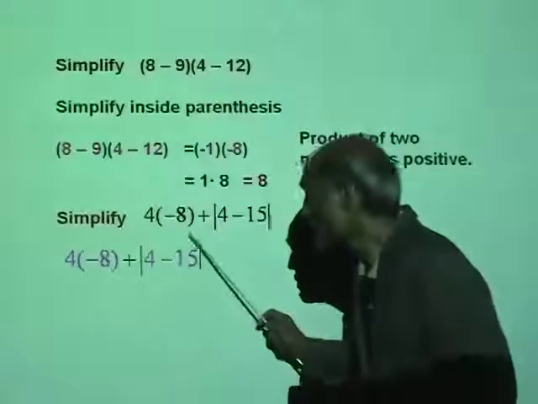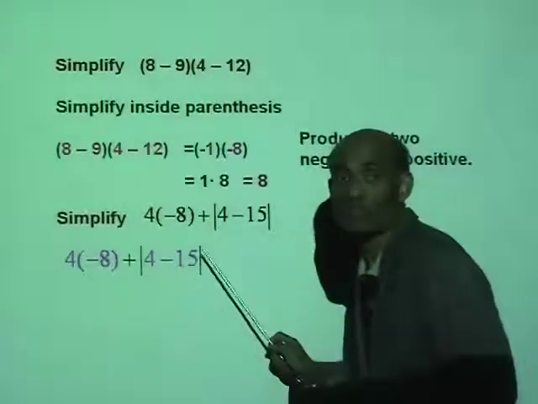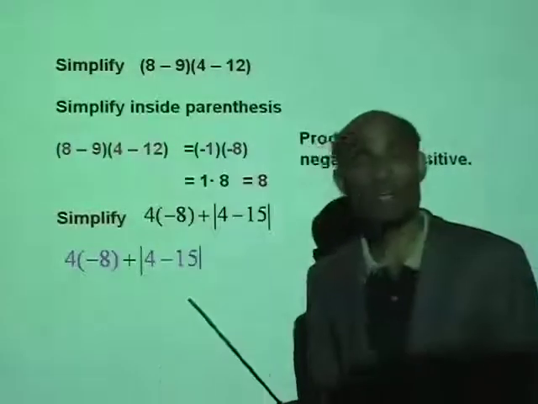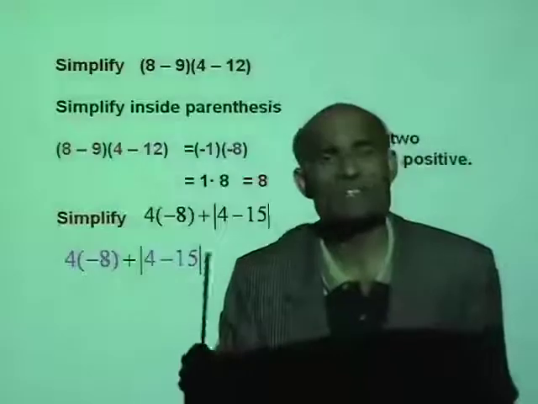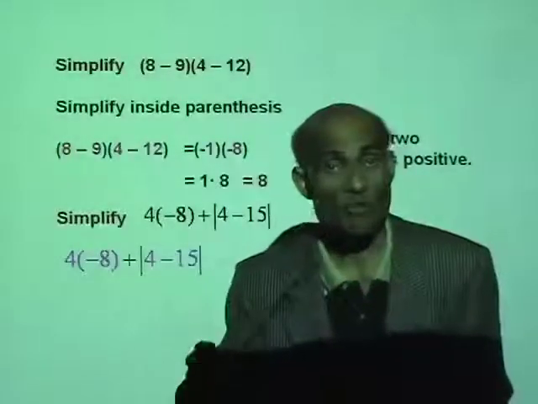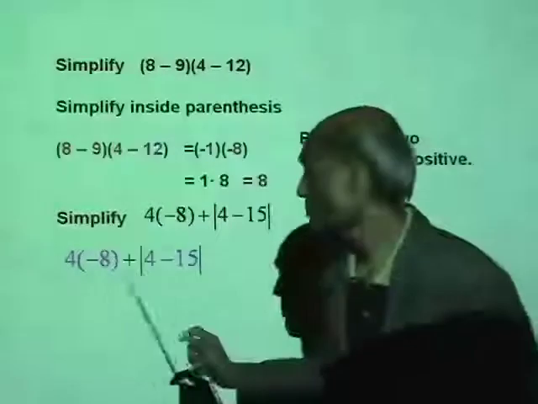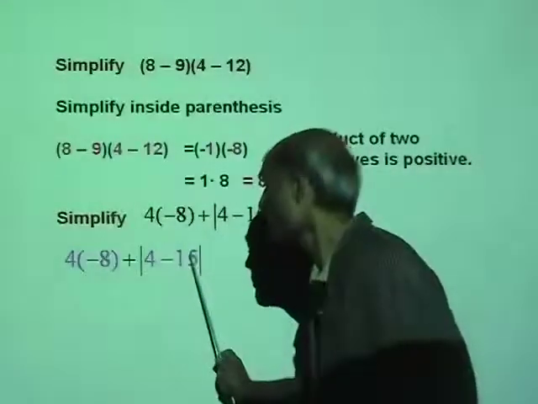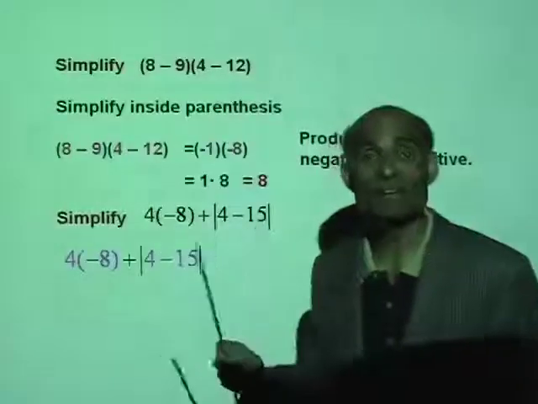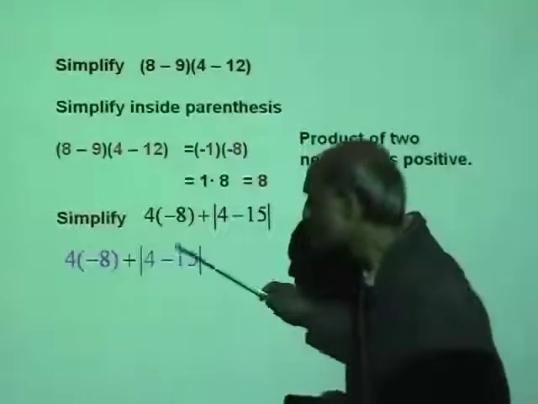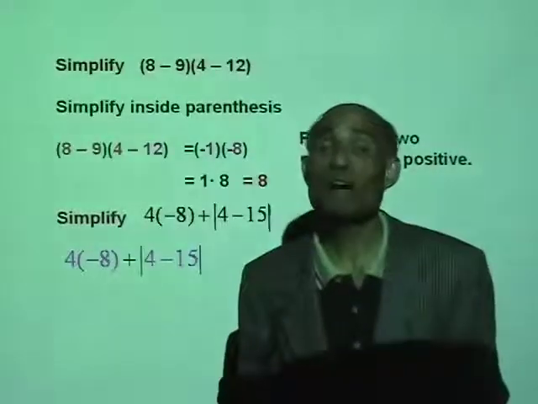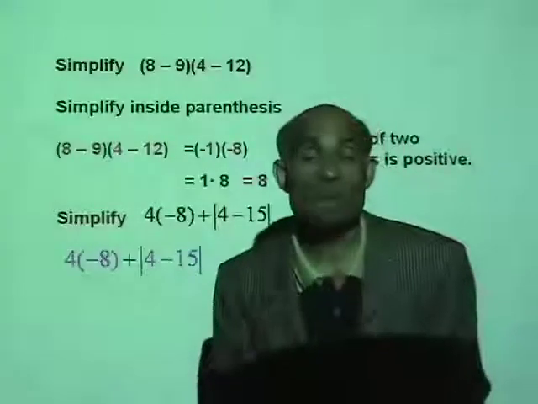Now inside the absolute value, you have 4 minus 15. Tell me, what is 4 minus 15? We need to work it out now. Positive 4 minus 15 is negative 11. And what is the absolute value of negative 11? Absolute value cannot be negative.